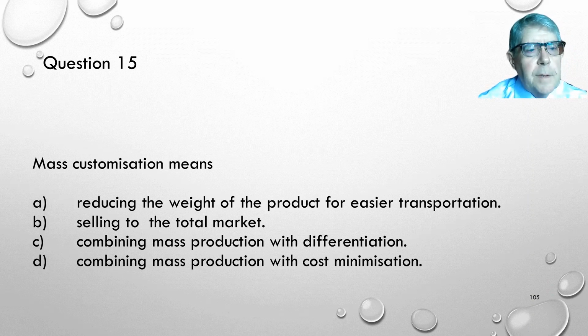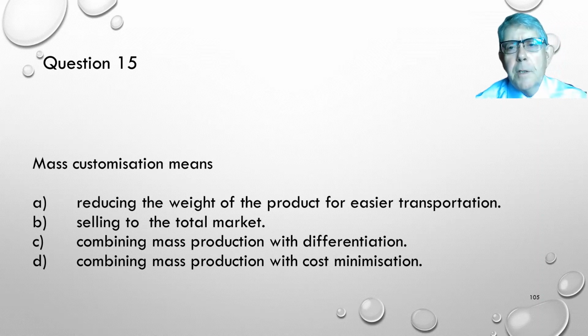Question 15. Mass customization means A, reducing the weight of the product for easier transportation, B, selling to the total market, C, combining mass production with differentiation, or D, combining mass production with cost minimization.